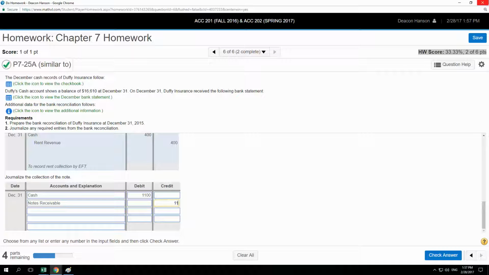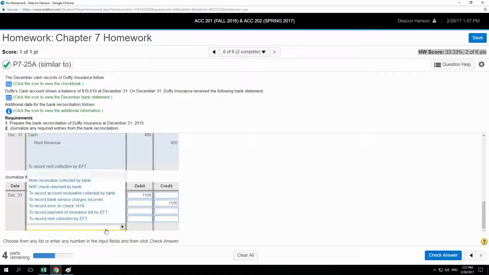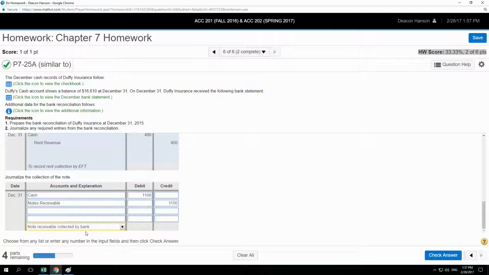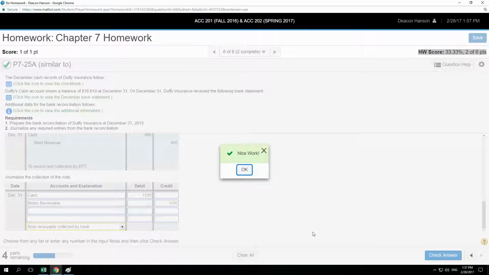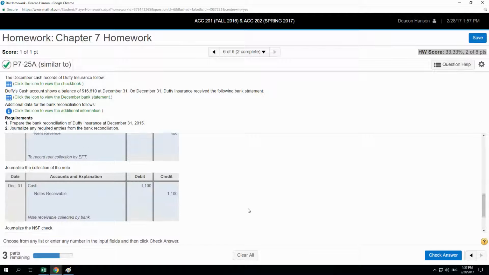Right? They no longer owe 1,100. So the note receivable, which is an asset, is going to be decreased with a credit. And we can put in a to record note receivable collected by the bank. They collected it for us.